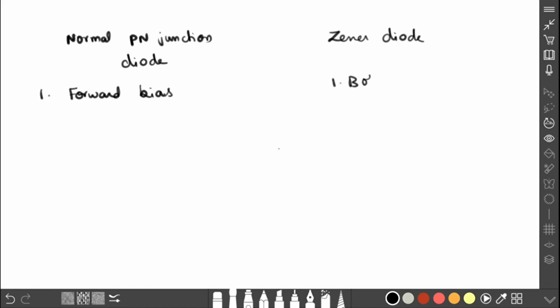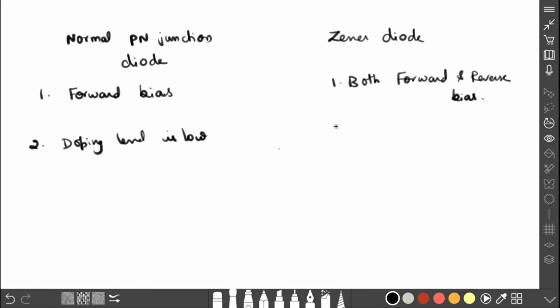This is the first difference. The next one: here the doping level is low, but in the Zener diode the doping level is high, a heavily doped PN junction.